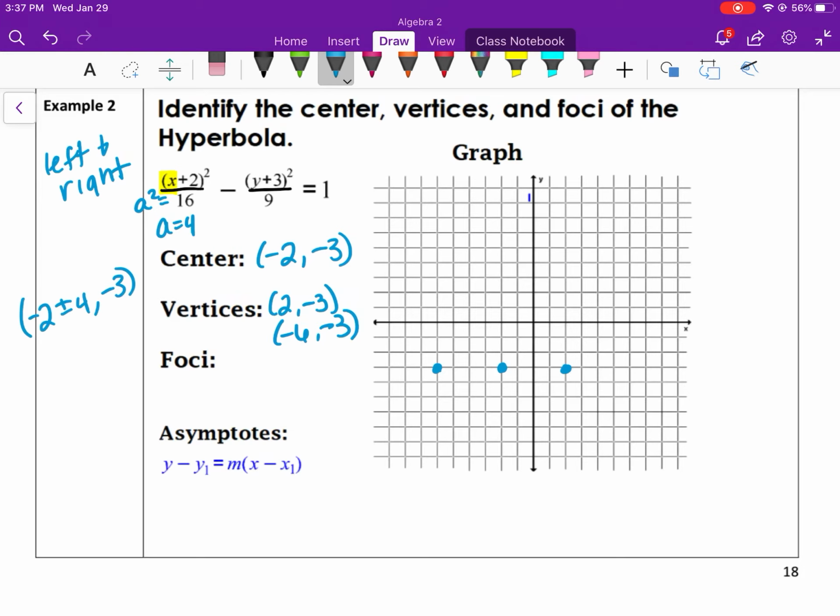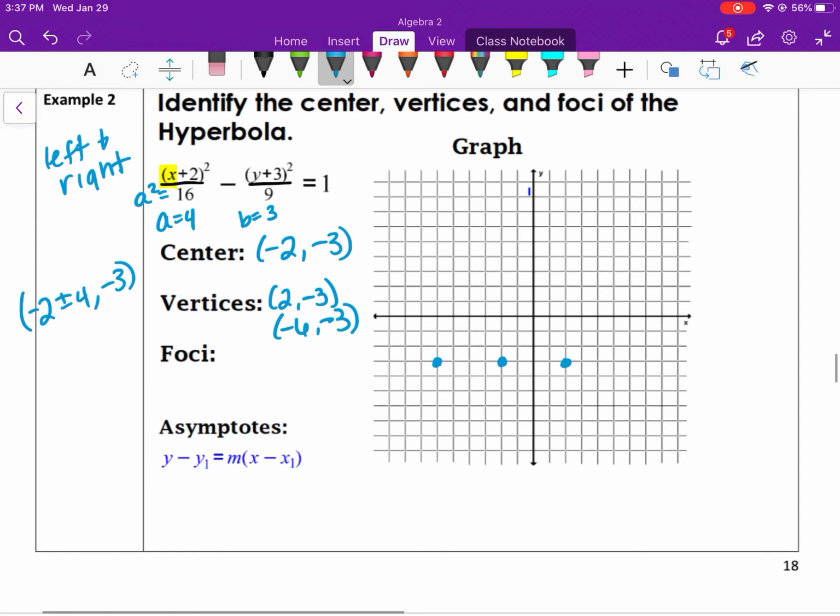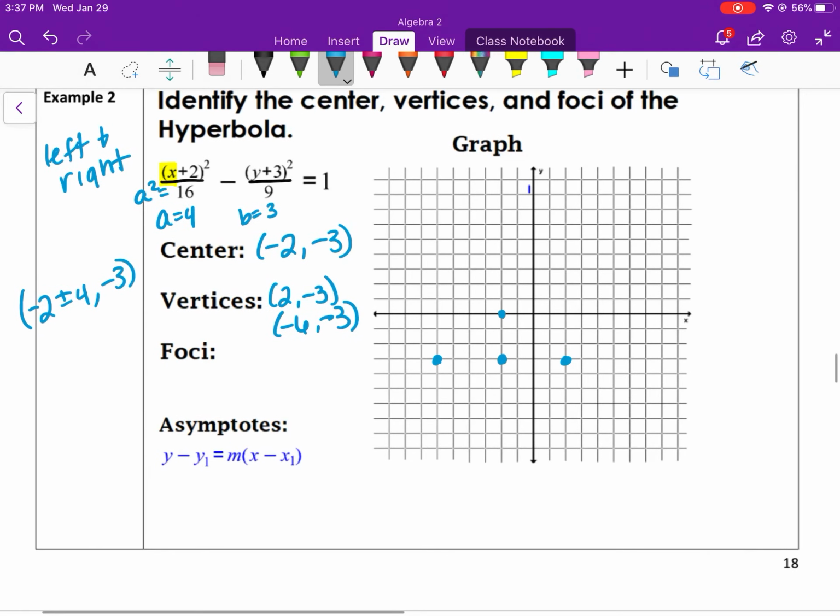So I'm going to finish graphing this by graphing my b values of 3. So from the center in the y direction, so up and down 3 from the center. And then I'm going to draw the box with those 4 points. And then through the center and the corners of the box, I'm going to draw the asymptote lines.